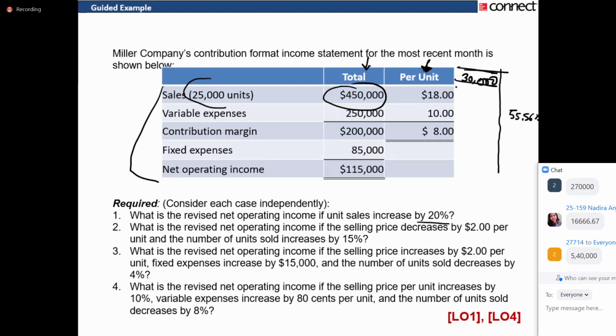I hope you got what I mentioned. So it should be 540,000 on the sales value. And now apply this percentage, 55.56%, on this sales to get the variable expense amount.